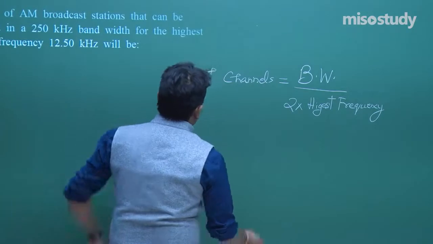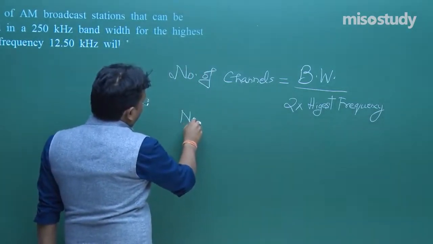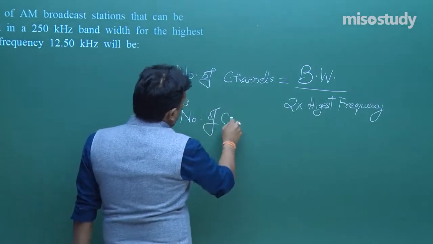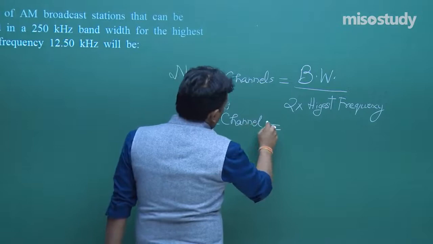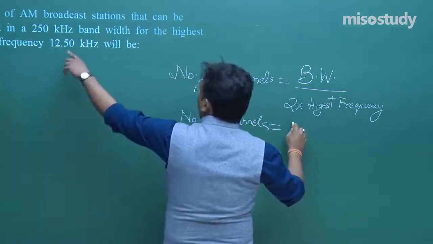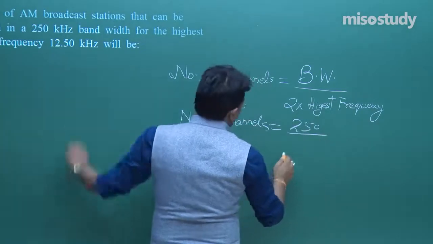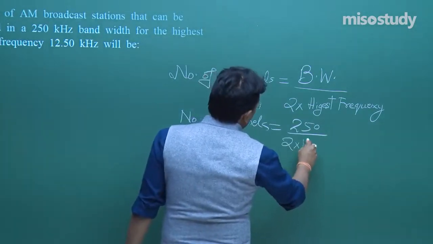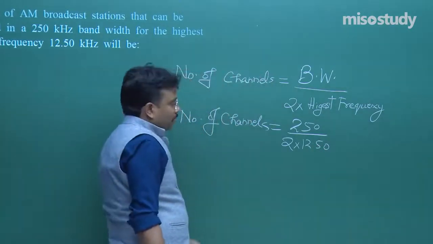Let us try to put the values. So, number of channels is equal to 250 upon 2 into 12.50. Okay.